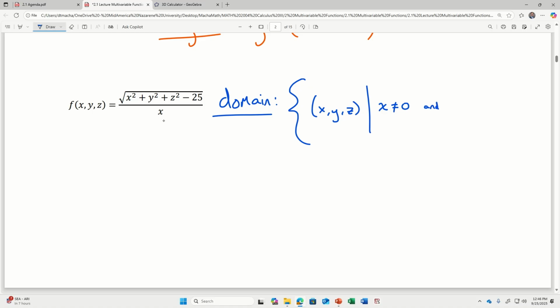What else? X squared plus Y squared plus Z squared has to be greater than 25. Mm-hmm. Yeah, greater than or equal to 25.